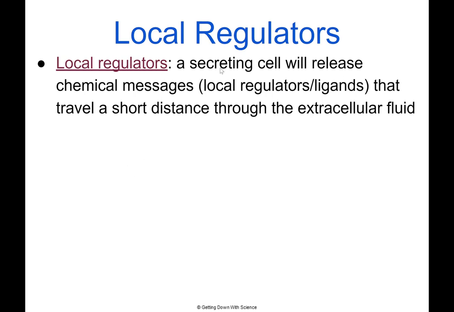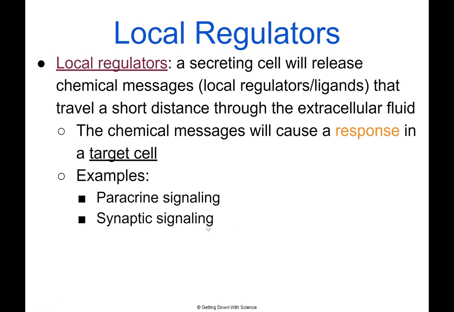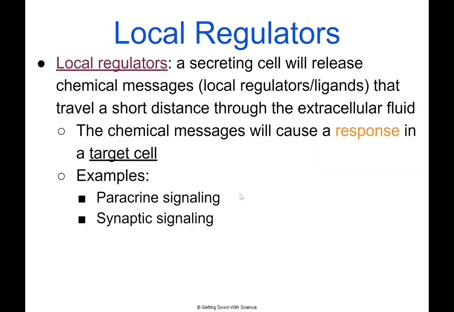One cell will release some sort of chemical messenger, that local regulator or ligand, and it will travel the little bit of distance from one cell to the next through the extracellular fluid. That messenger still will cause a response in that target cell, that nearby cell. So paracrine signaling and synaptic signaling are all examples of these local regulators.